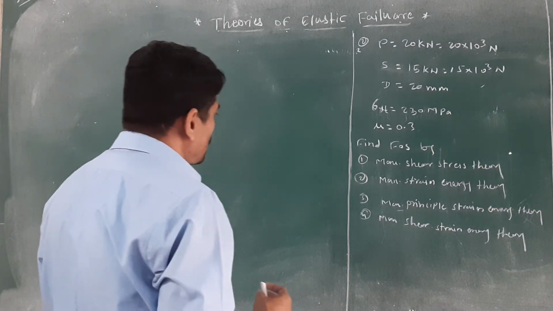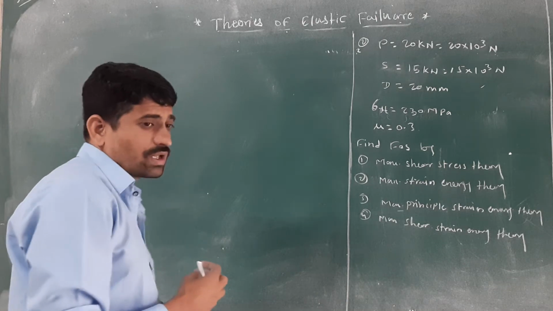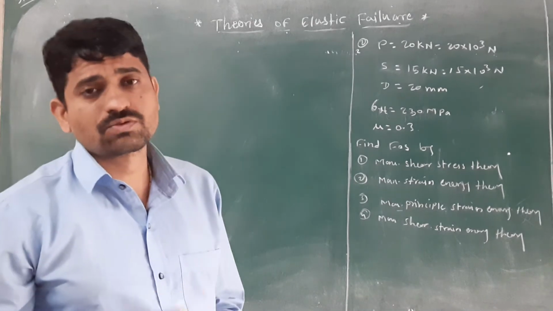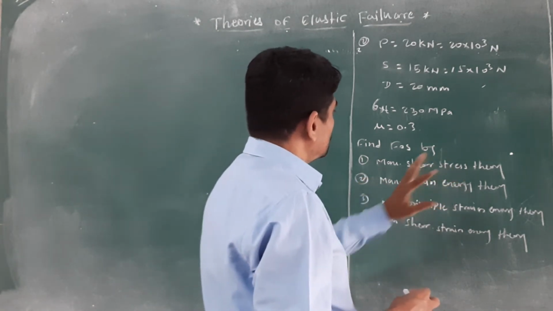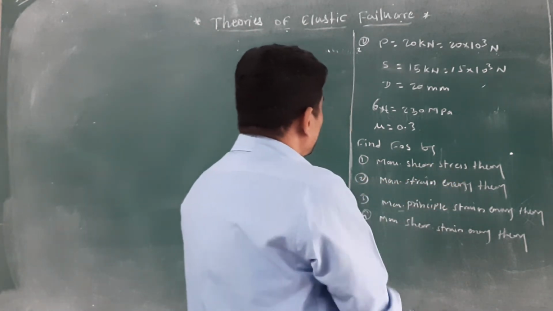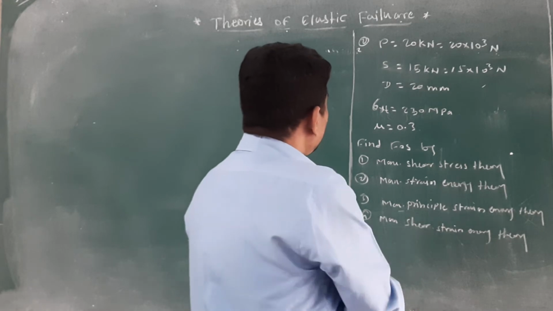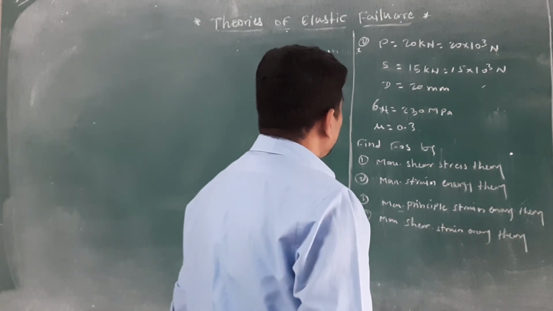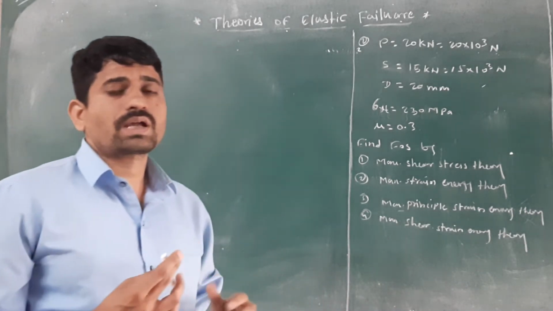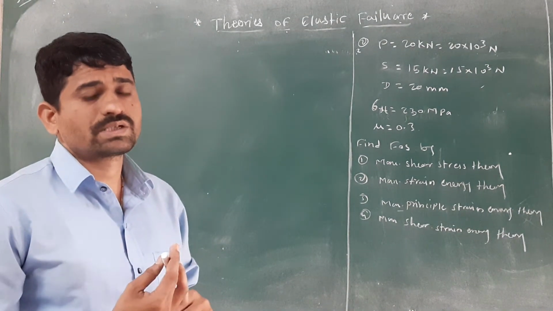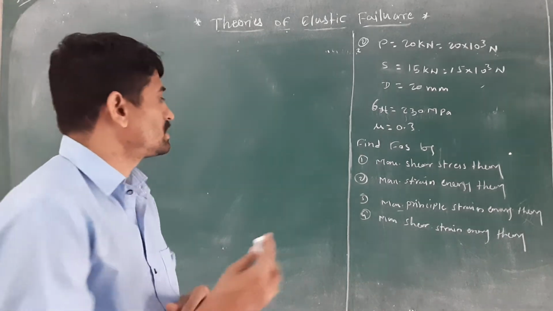Again we want to find the normal stresses, the major principal stress as well as the minor principal stress. After that we will find the maximum shear stress theory. But before that, which value do we require? Sigma value. We want to calculate the normal stress.